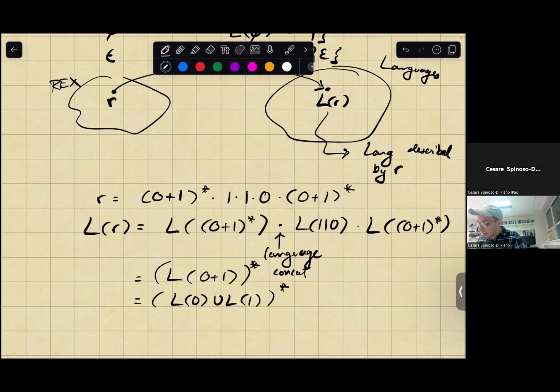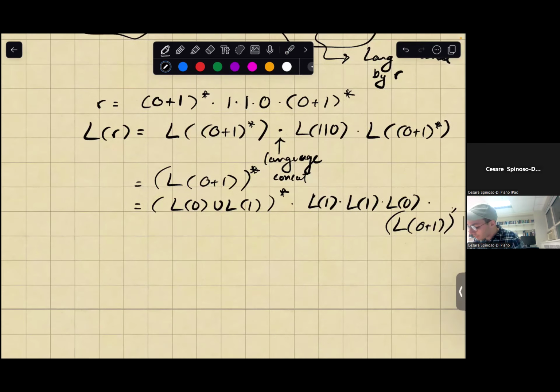And then, like I said, L of 110, you can break that down even further into the atomic L of 1s and L of 0s, and then you get language concatenation. So let's do it: L of 1, L of 1, L of 0. And then the same thing for this guy on the right.